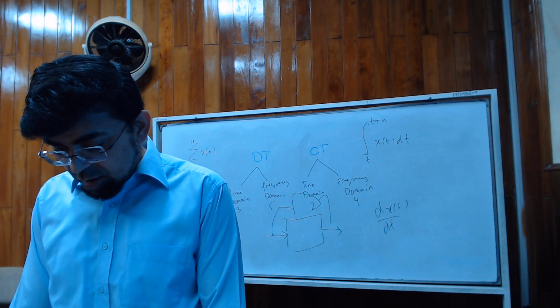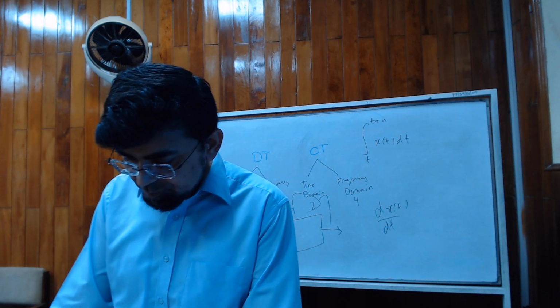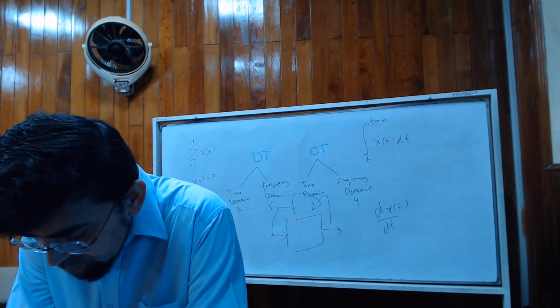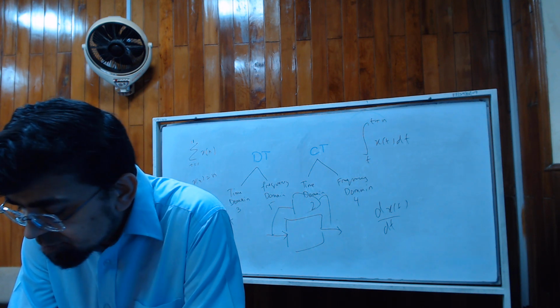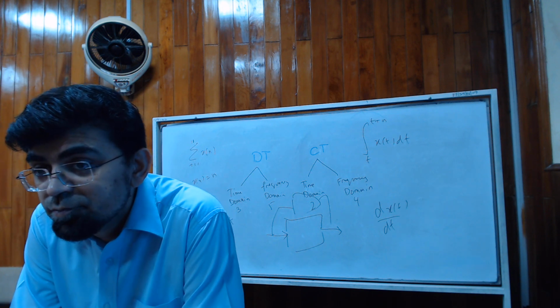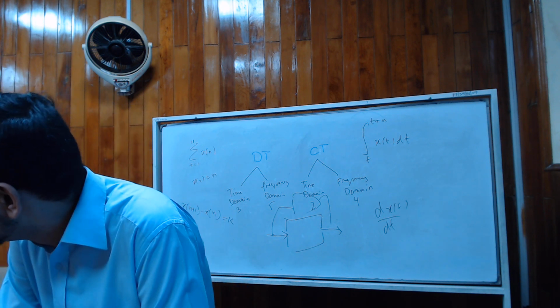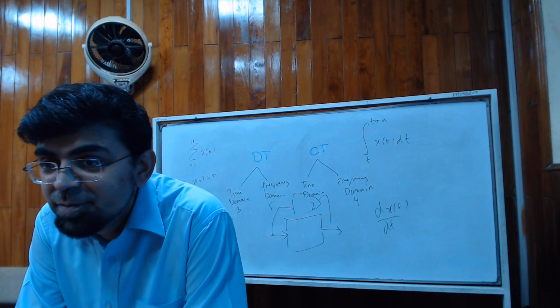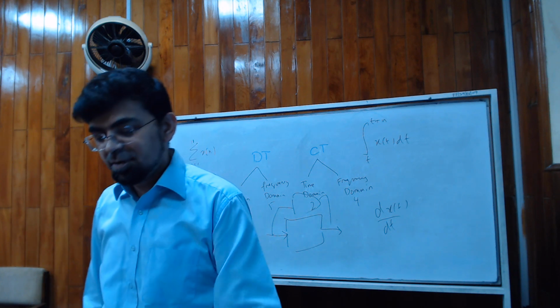So let's start with our definitions again. So what is a discrete time system? Where time is discretized into certain units. A system that analyzes discrete signals.